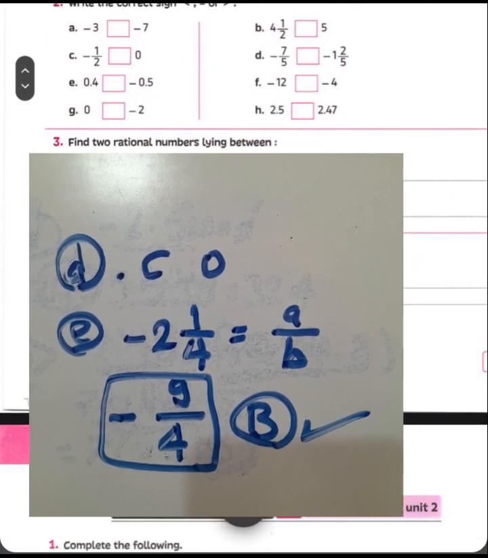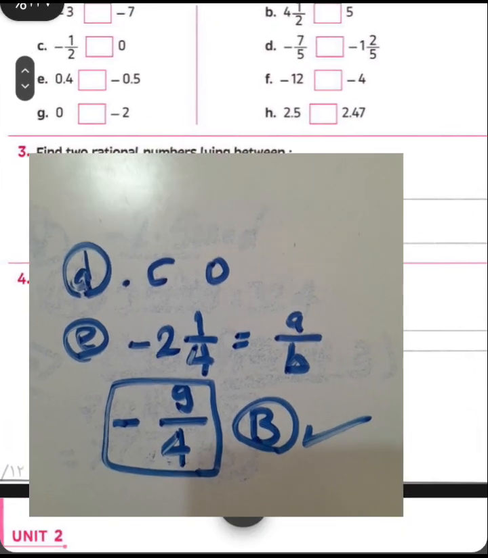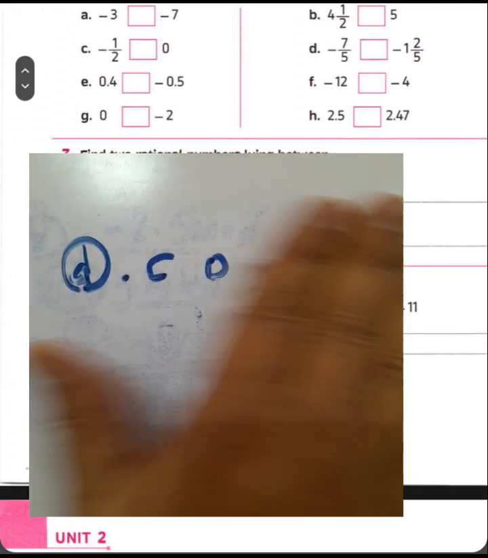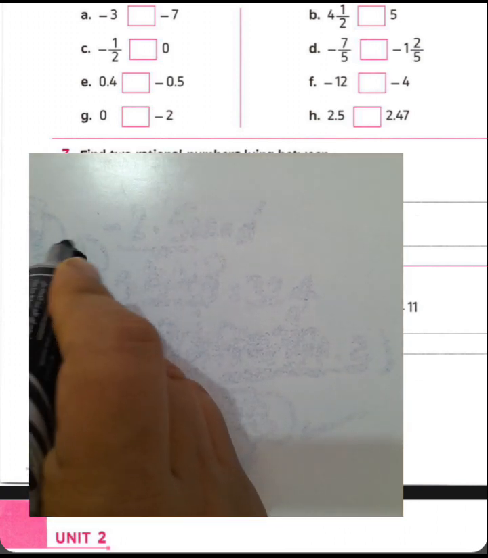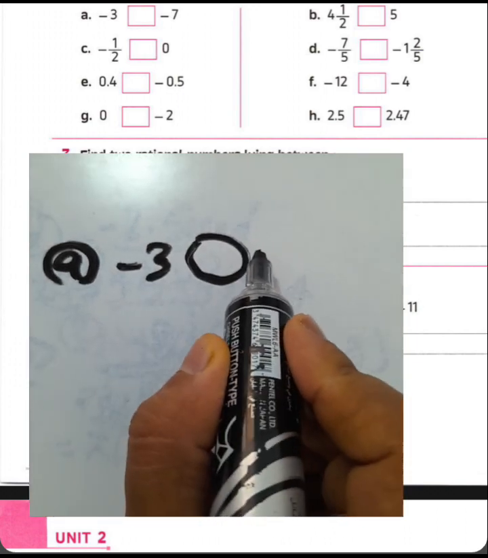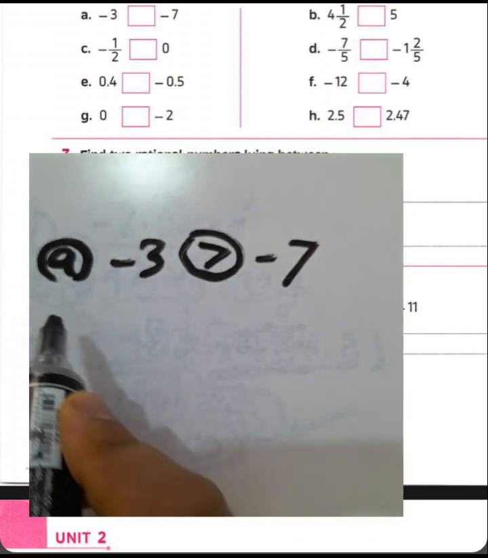Write more than, less than, or equal for question number 2. Okay, look with me at the first one. We have here negative 3 and negative 7. We know negative 3 is greater than negative 7.